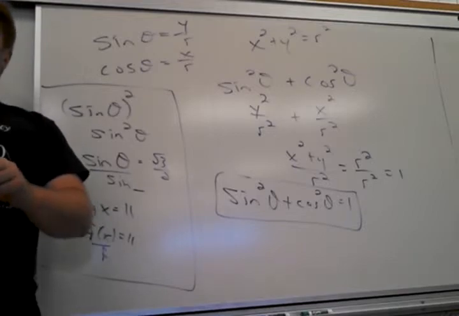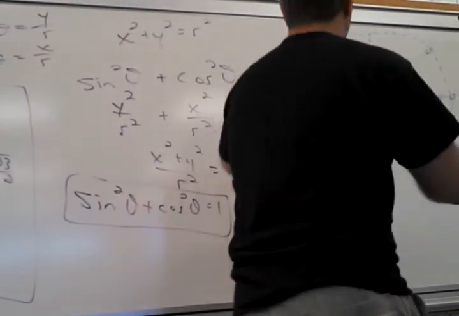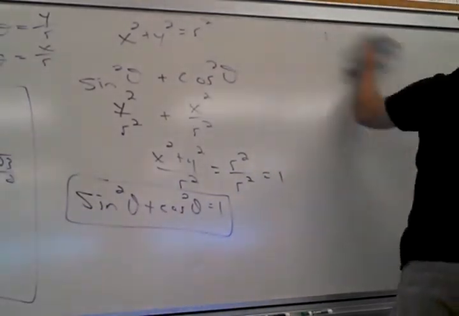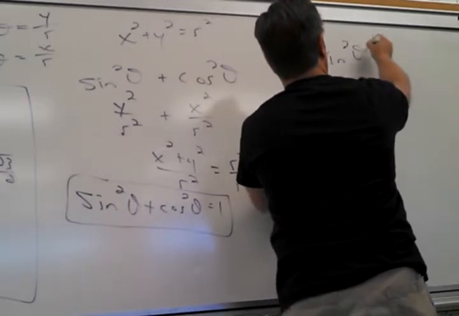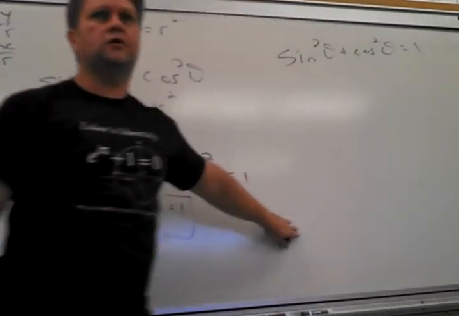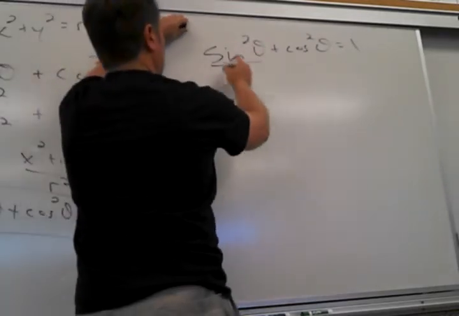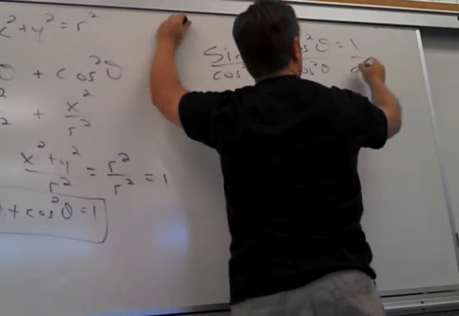So you know how to divide both sides of an equation. A lot of you are still just staring at me. So take this expression, divide everything by cosine squared. So what do you get here? You get over cosine squared, over cosine squared.